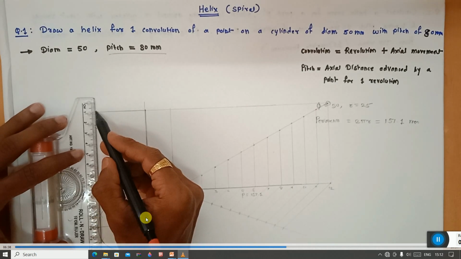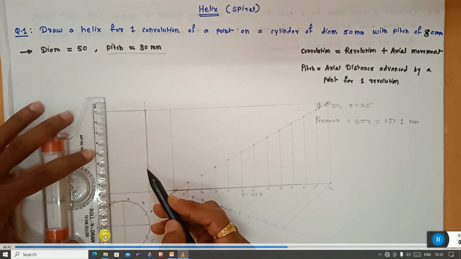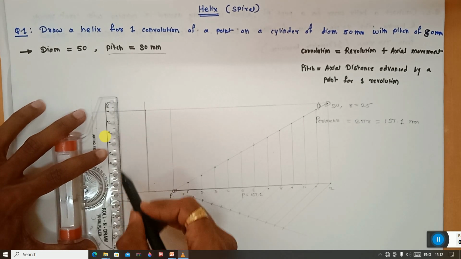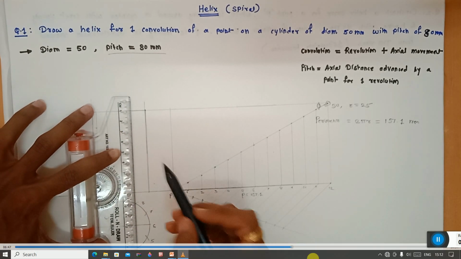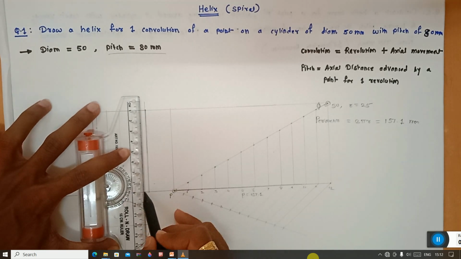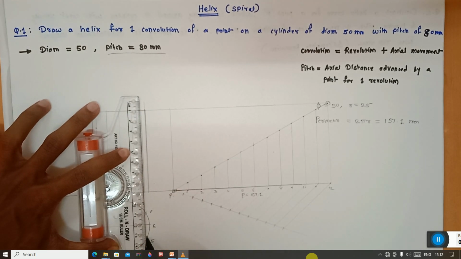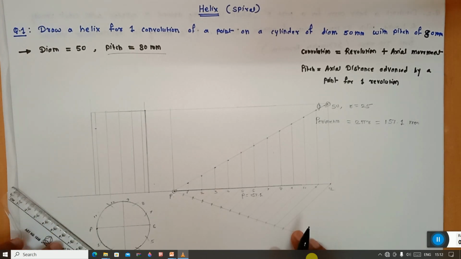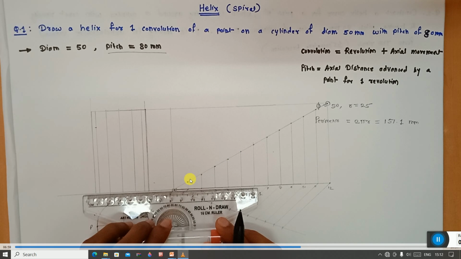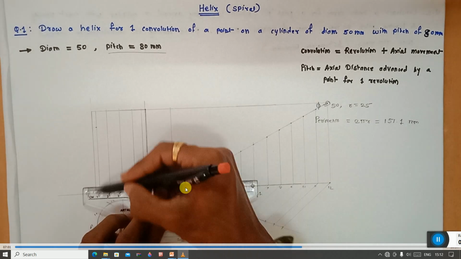Now from all the divisions of the circle take the vertical projection. And from these intersection points with the diagonal draw the horizontal line.